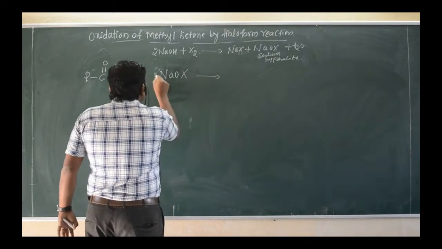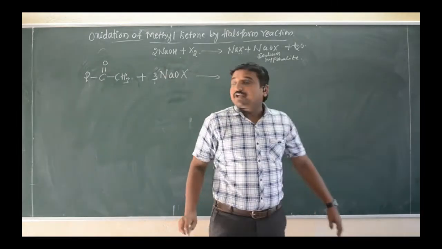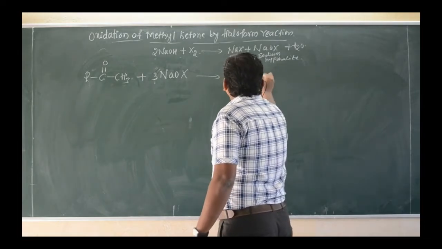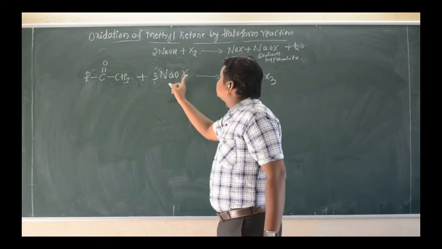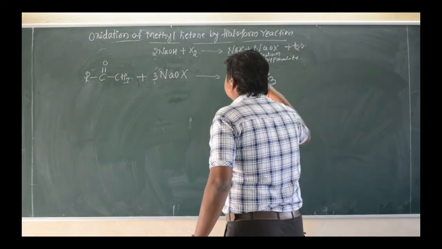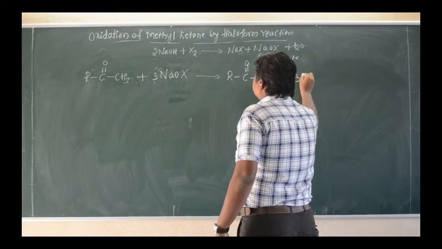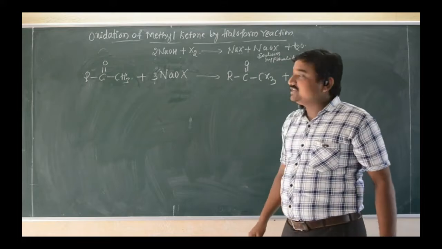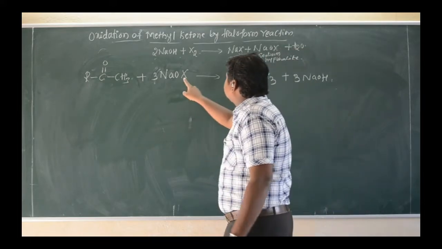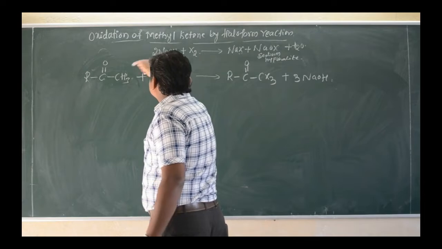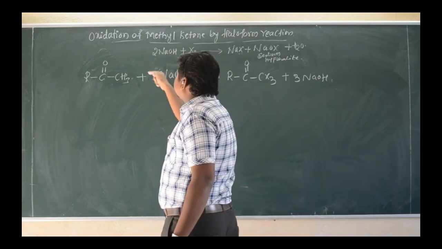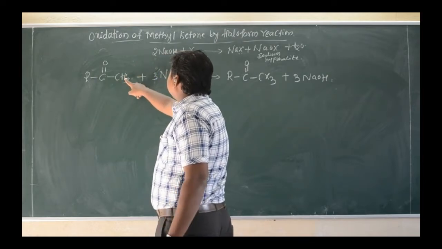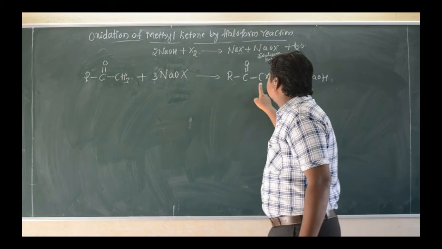There is a formation of the intermediate product, RC=O CX3, and 3NaOH. Here the substitution of halogen group X takes place. Totally 3 halogen atoms are there, hence the product involves replacement of 3H and substitution of 3X, from the compound RCOCH3.